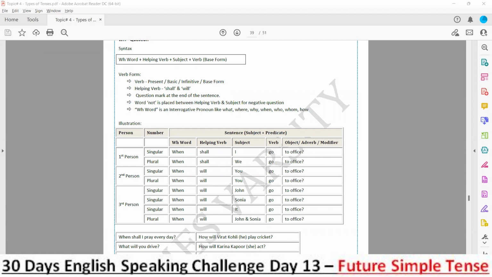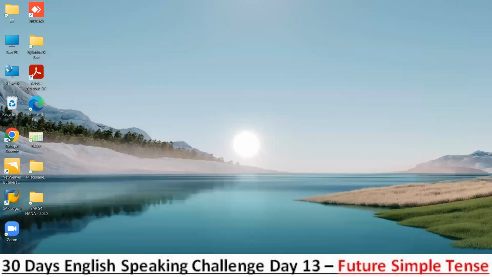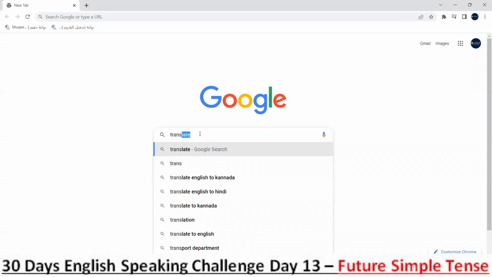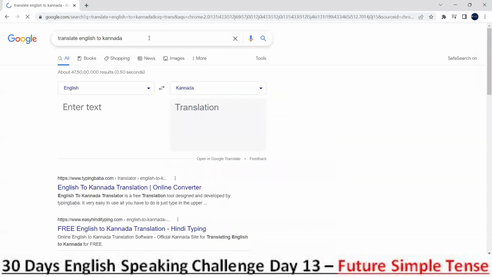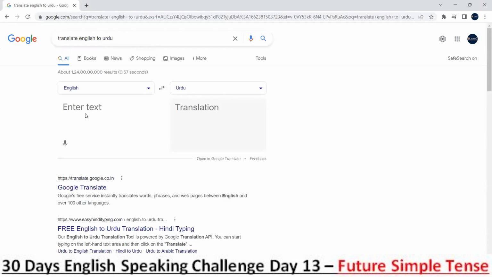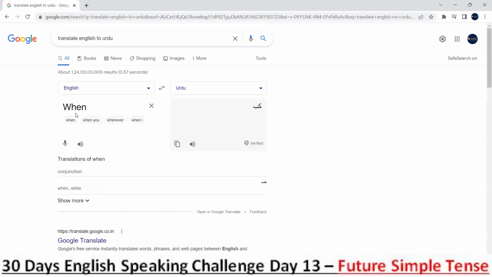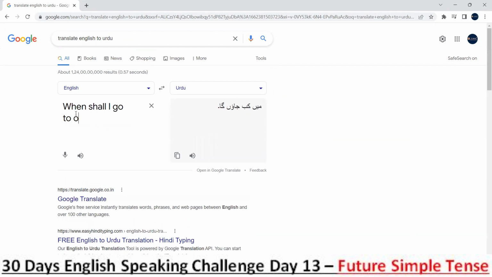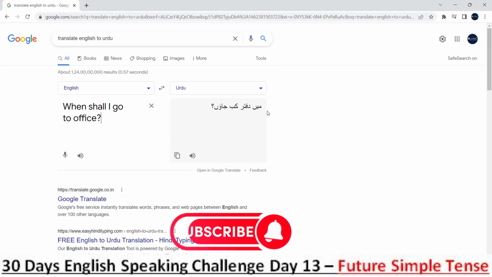Let's see the translation in Google Translate. Translate English to Urdu. My sentence is, when shall I go to office? मैं दफ्तर कब जाऊंगा, मैं ऑफिस कब जाऊंगा.